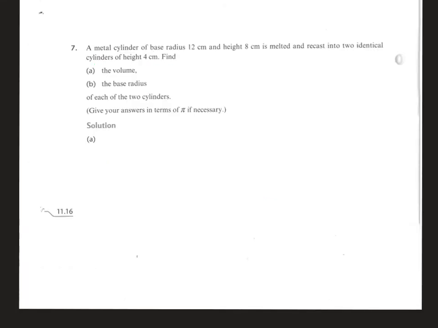Finally, we take a look at a question which is also about volume. Now you have a metal cylinder, base radius 12, height 8 cm. If you like, you can draw a picture very quickly. Radius is 12, 8 cm height. The keywords next will be melted and recast.